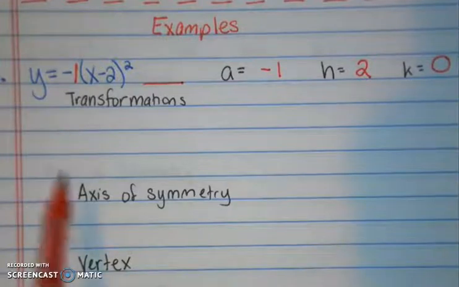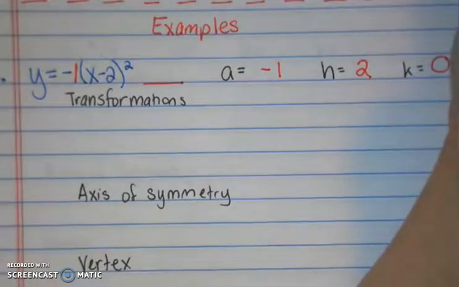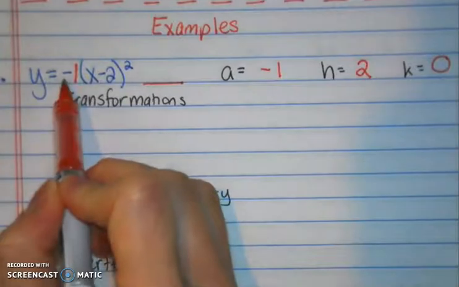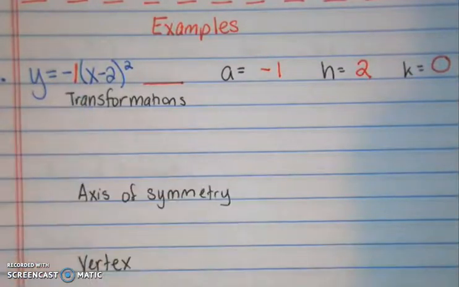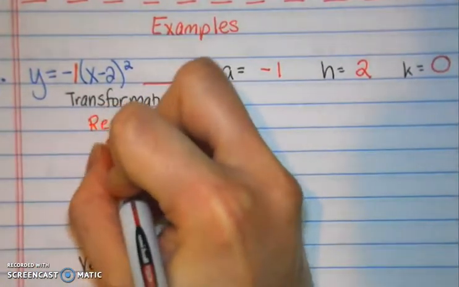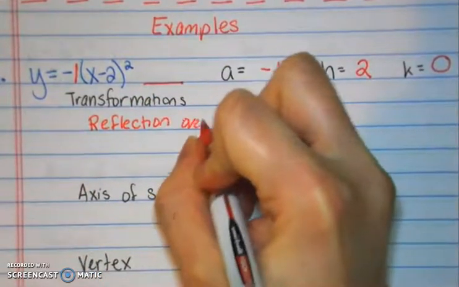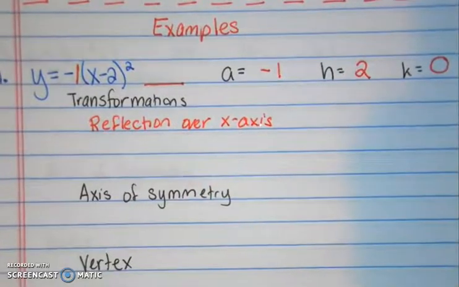So now that we know our values for a, h, and k, we can list our transformations. So first I look for a reflection. Because this sign is negative, there is a reflection. So I can write that we have a reflection over the x-axis.